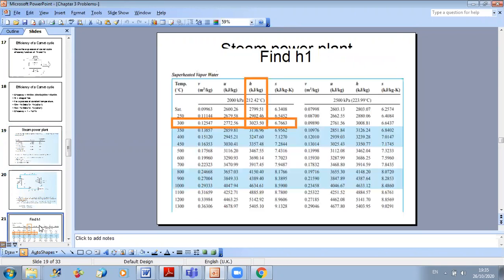So we will go to the superheated tables and search for 2 megapascal, or 2000 kilopascal, and 300 degrees. As you can see, the saturated temperature for 2000 kilopascal is 212, which is lower than 300 degrees, so of course we are in the superheated state. The value of H is 3023.50. So we are done with H of state 1.